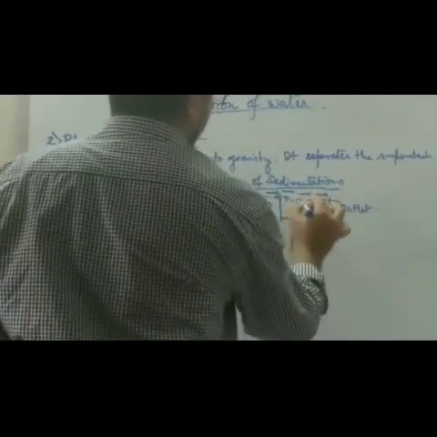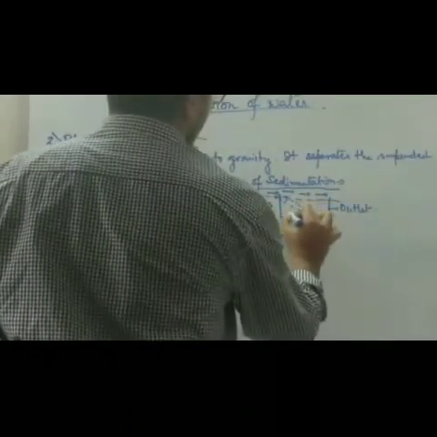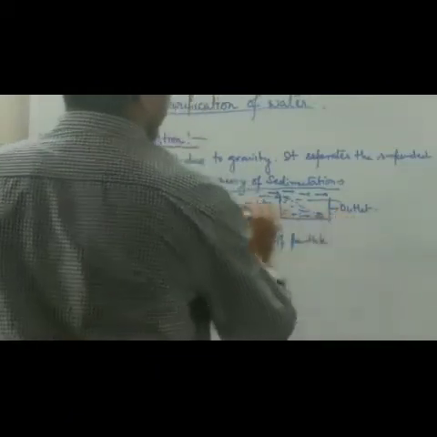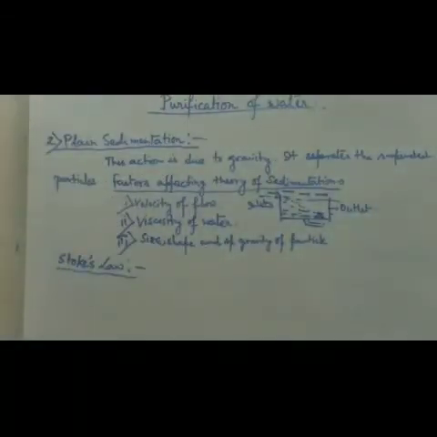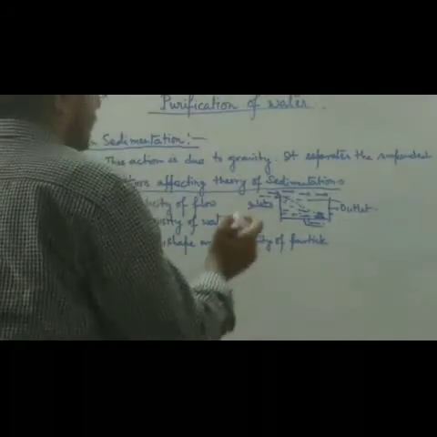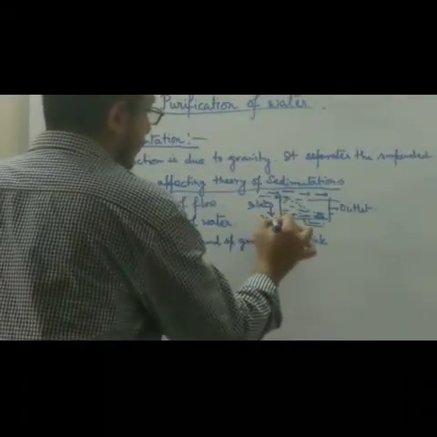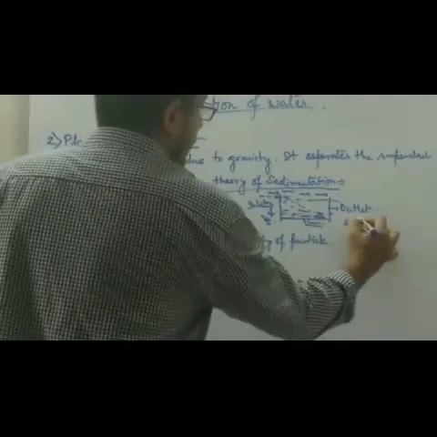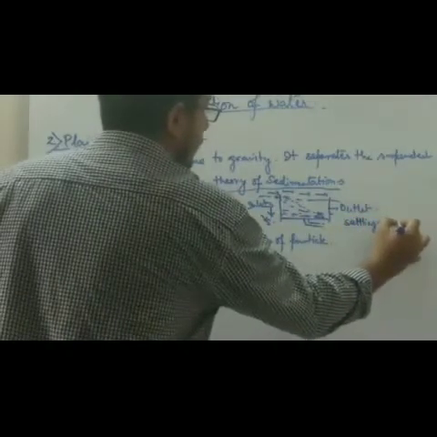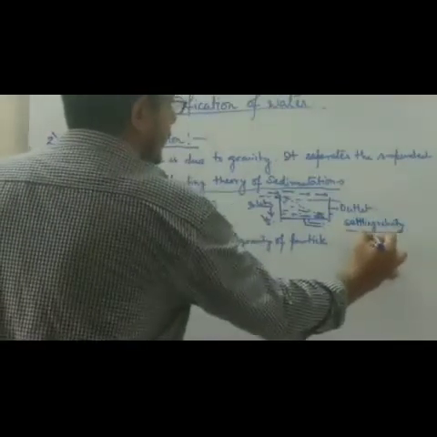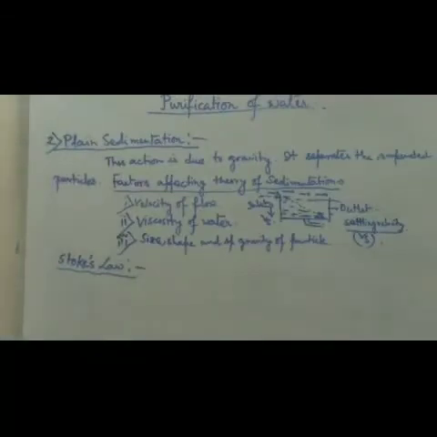So here particles will settle down this way, and it can be removed in this way. So here, what is the velocity of the particle settling? That is known as settling velocity of the particle, denoted as Vs. It is very much important. So this is described by the Stokes law.